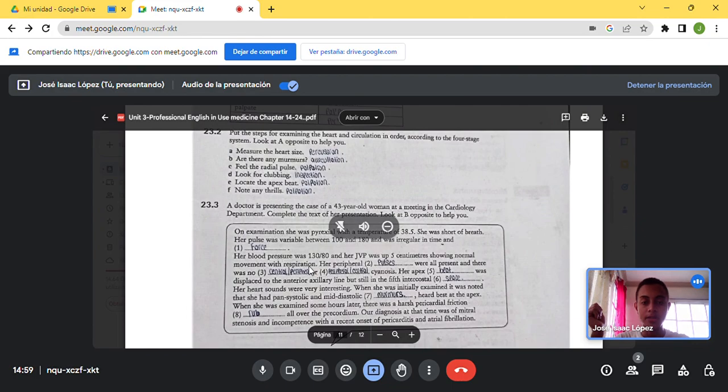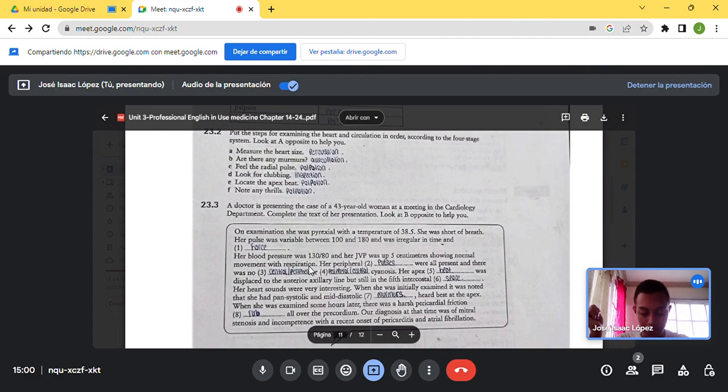Okay, on examination she was pyrexial with a temperature of 38.5. She was short of breath. Her pulse was variable between 100 and 180 and was irregular in time and force.